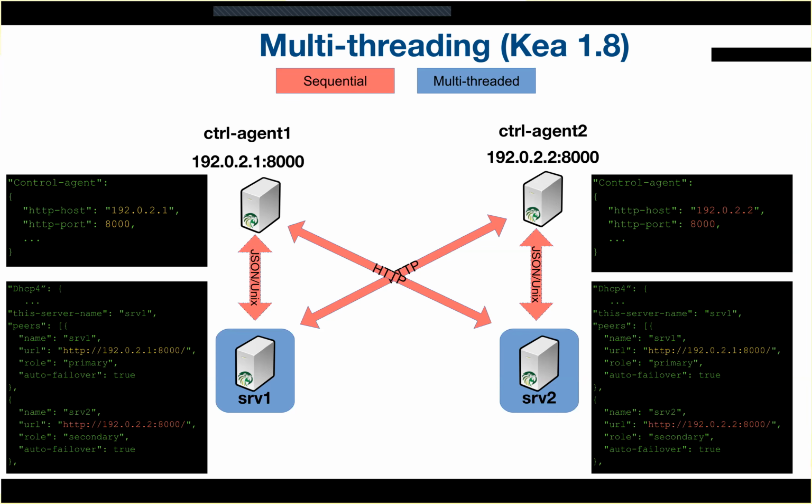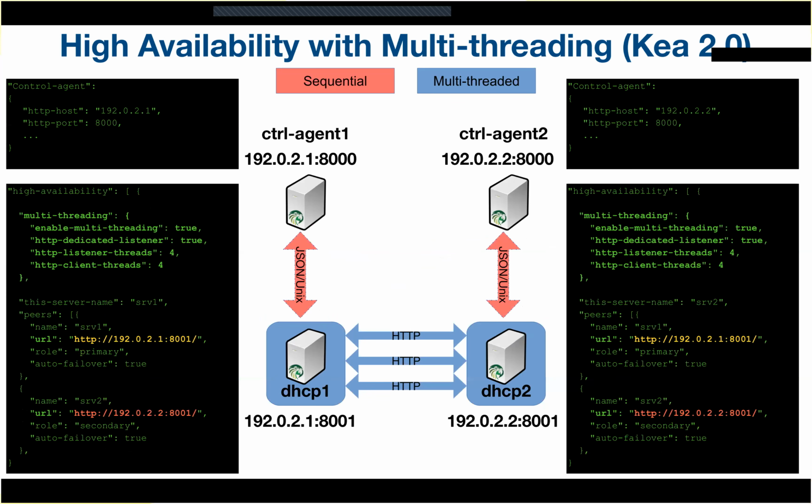And both the HTTP and the Unix connections were sequential. There was only one of them. So this was the bottleneck. It basically nullified all the performance gains that you had from the packet processing. The packet processing was mostly idle, just waiting for the responses. So we had to address this problem, and this is what we did in Kea 2.0.